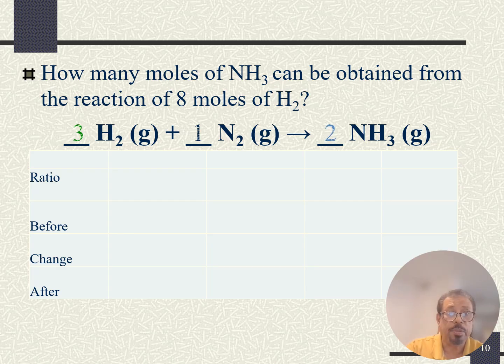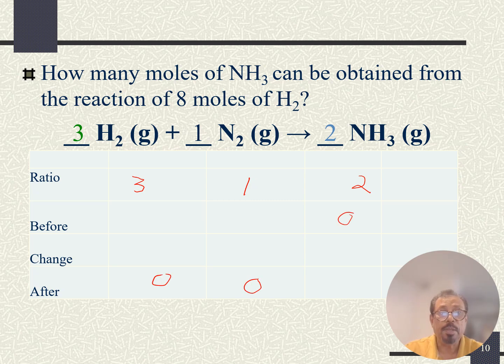So that is 3, 1, 2. So the ratio before we start the reaction is 3, 1, and 2. And always before we have 0, and after we have 0, 0.